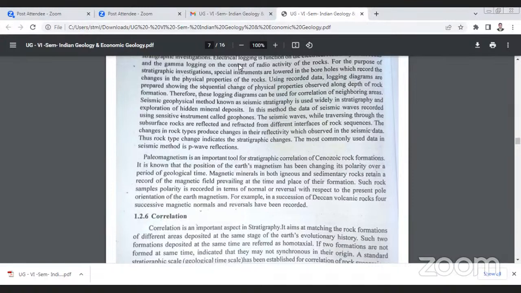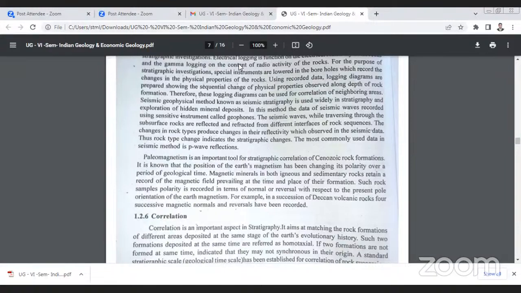Paleomagnetism is useful for finding out how the earth's magnetism has changed its polarity over the period of geological time. The magnetic minerals present in both sedimentary and igneous rocks retain a record of the magnetic field at the time of formation.